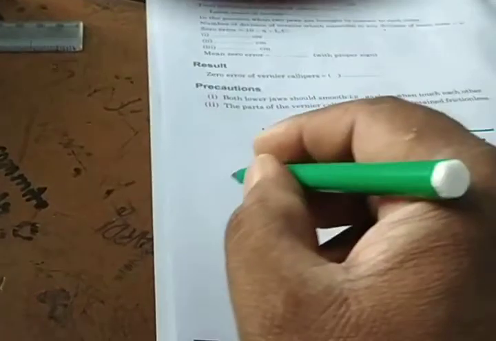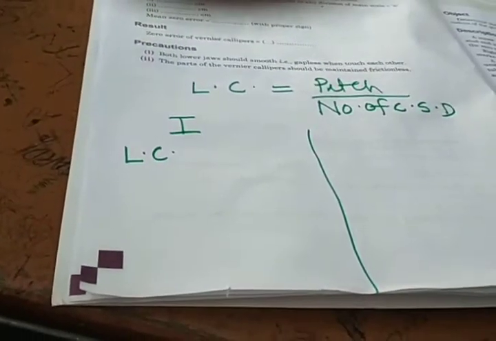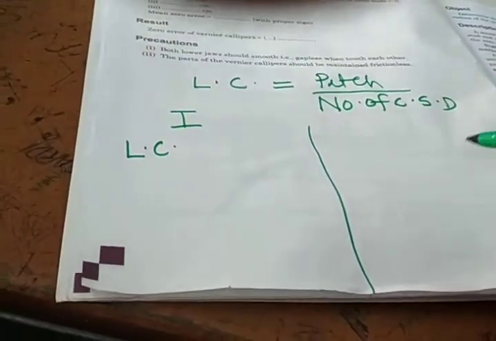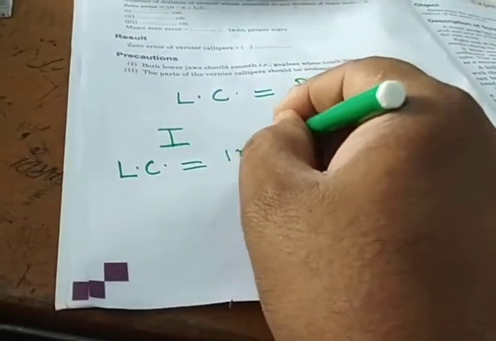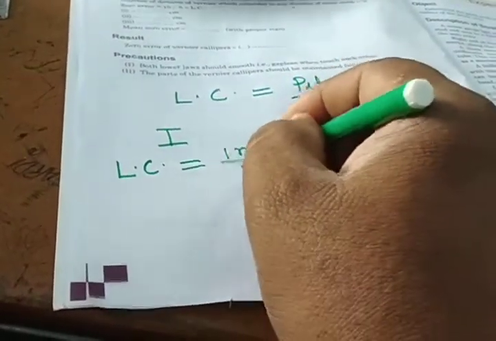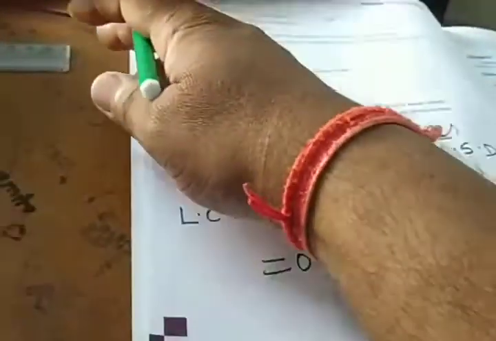In the first one which I showed you, the pitch was 1 mm, and there were 100 divisions on the circular scale, CSD means circular scale divisions. So 1 mm upon 100 is 0.01 mm.